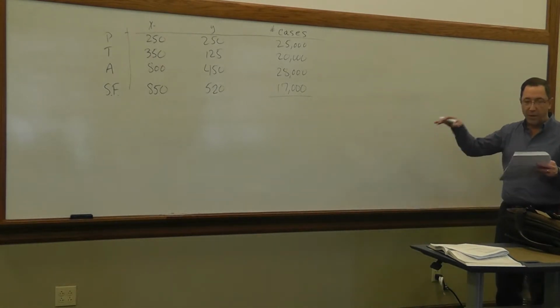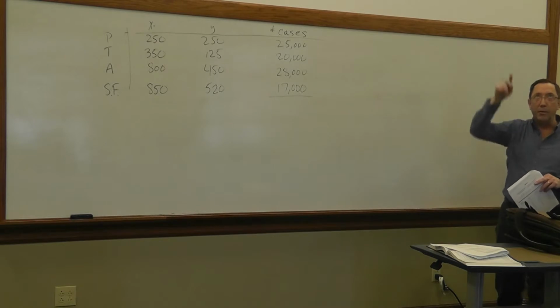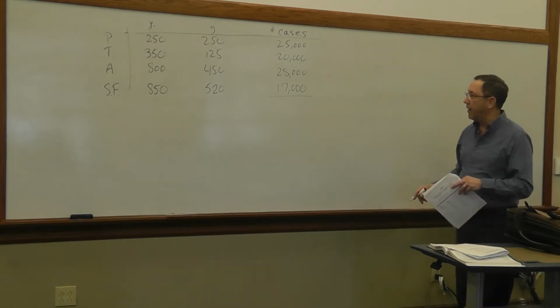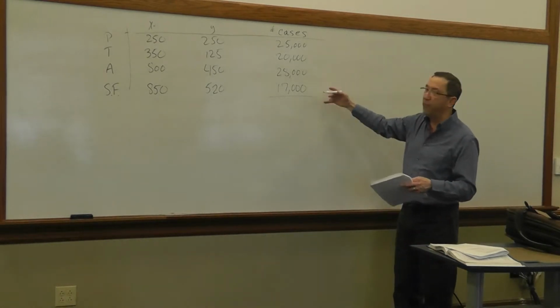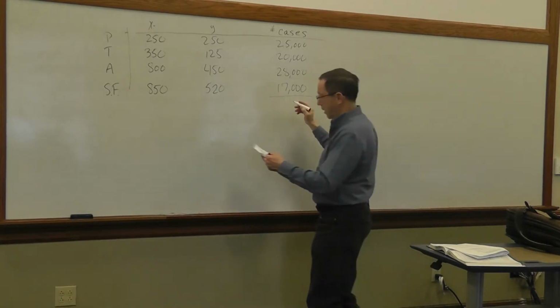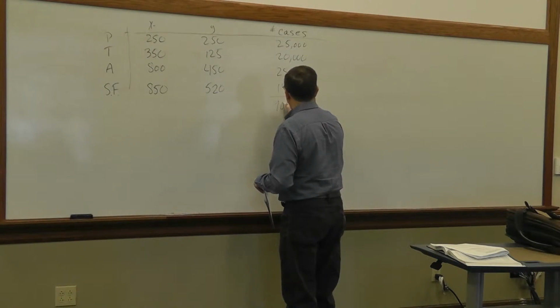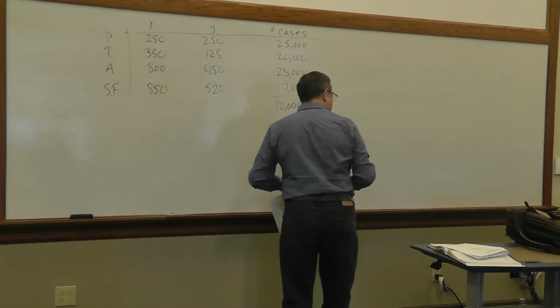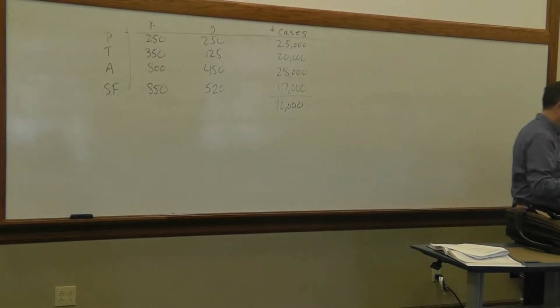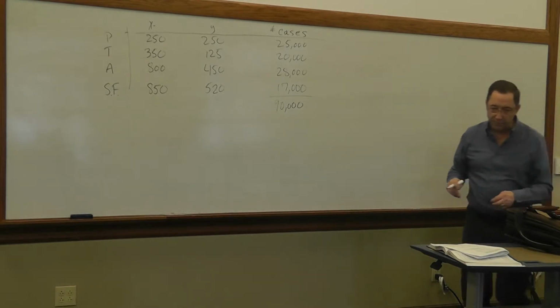In the denominator of our ratio, we need the sum of all these volumes being shipped. And if I'm not mistaken, this works out to 90,000. If I am mistaken, all my answers are wrong. But I think I'm right.